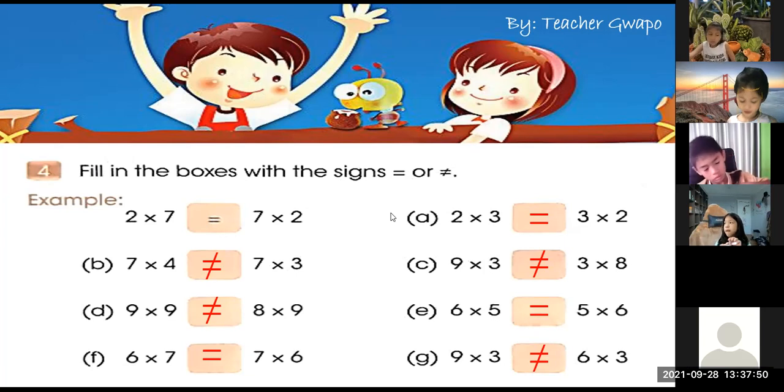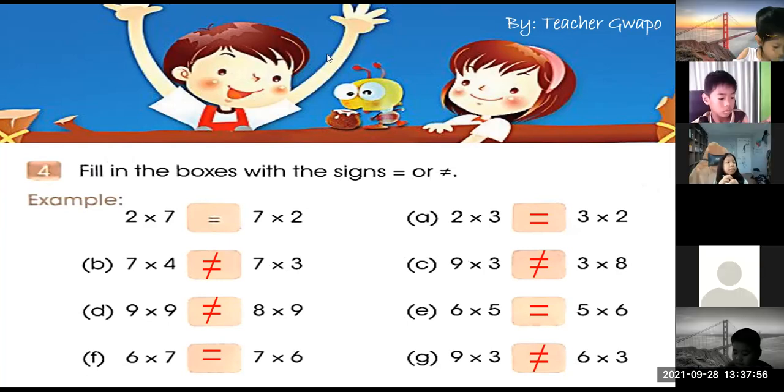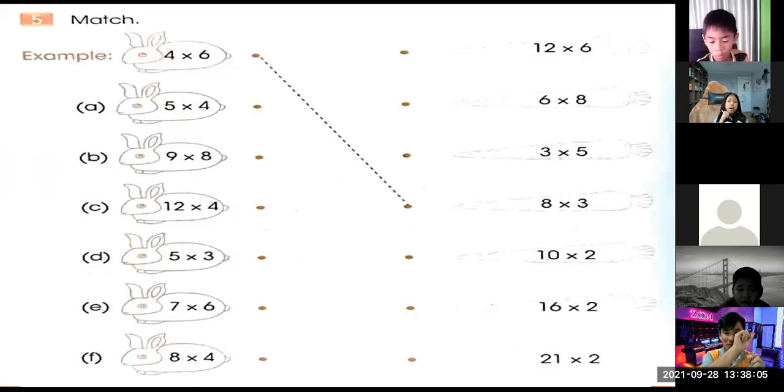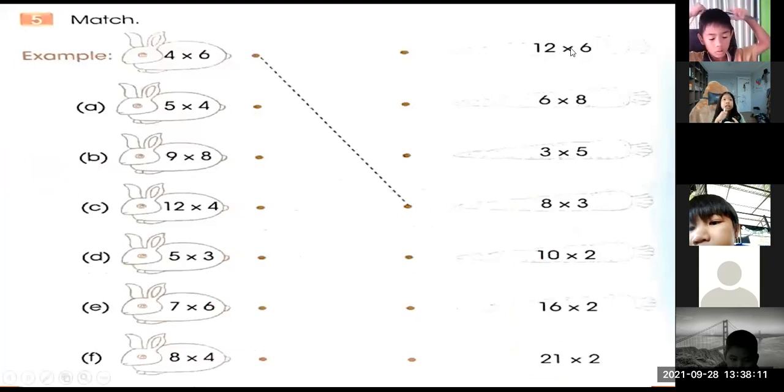Now here, page 82. Use your ruler. If you have a ruler, use your ruler and then make a line.